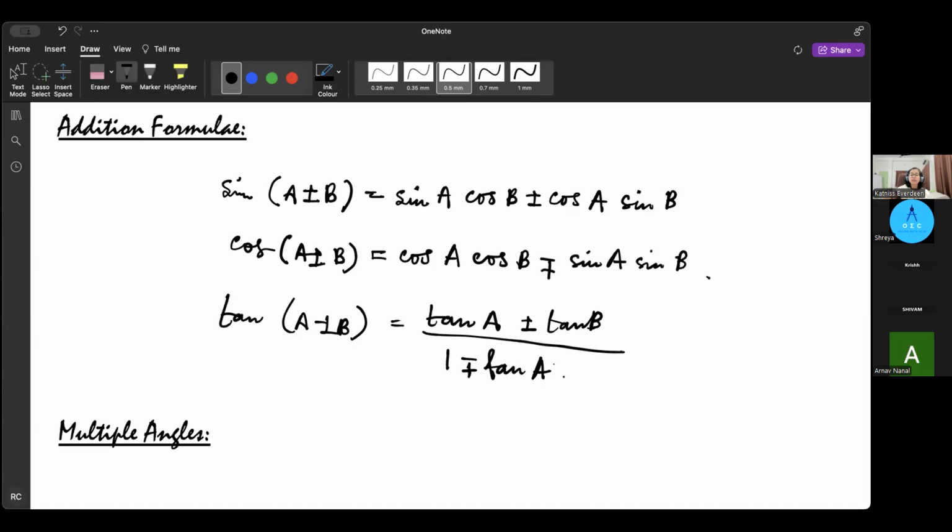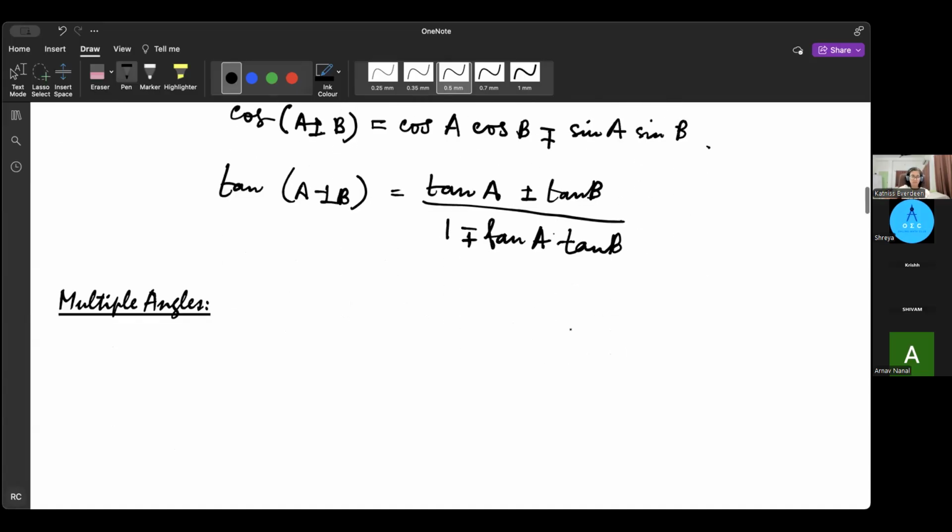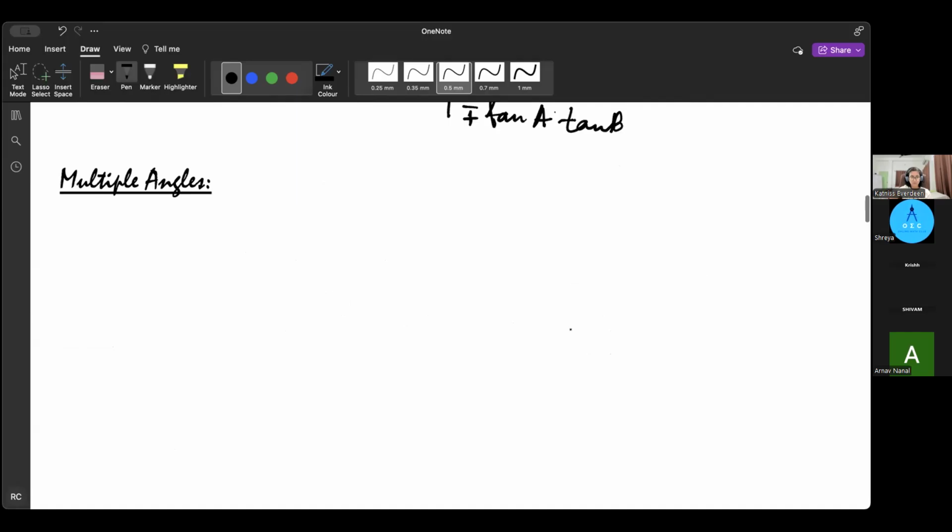And you can derive analogous formulas for sec, cot and cosec, but they are rarely used. I personally have never seen a problem that uses those, so you can just ignore them.